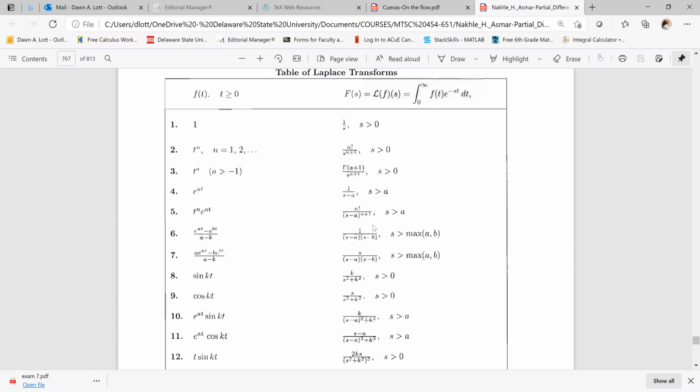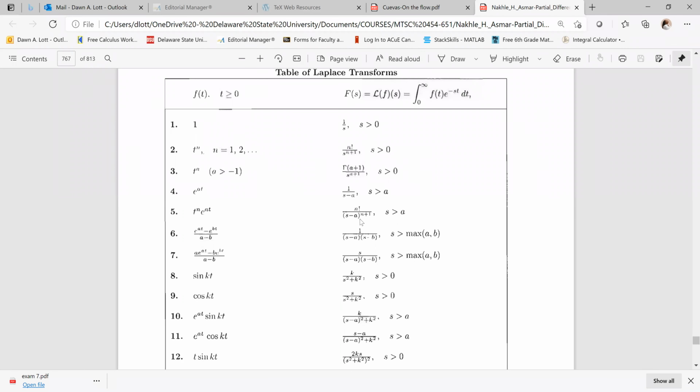We have the Laplace transform of... so we're looking at this side right here. We have S minus 1 to the first power in the denominator. So let's rewrite this.